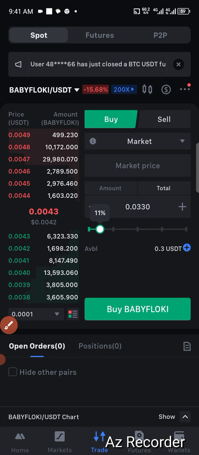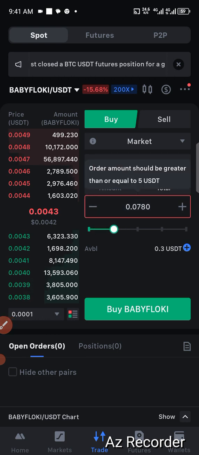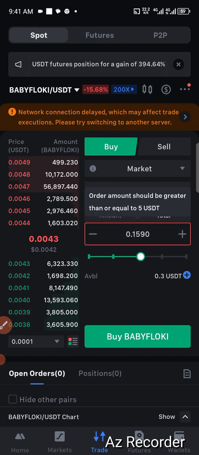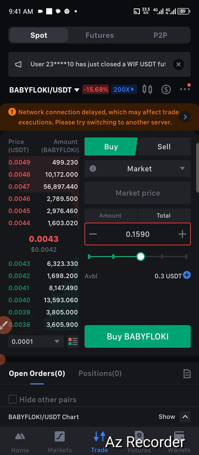either to 25%, or you can equally increase it to 50%. What it actually means is that you are telling the market that they should use 50% of what you have in your USDT to buy the Baby Floki.